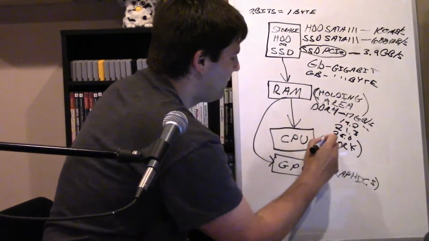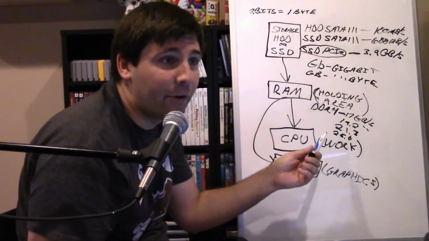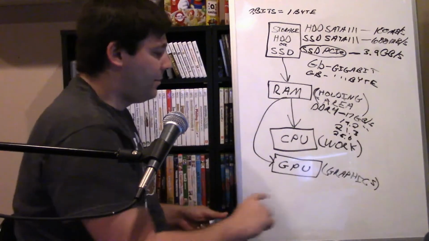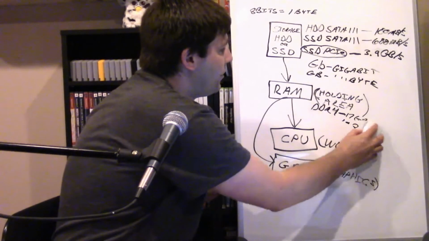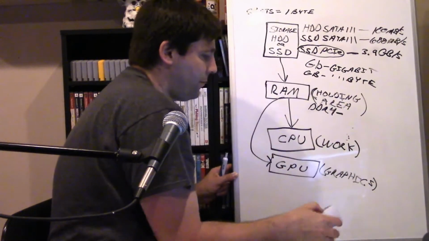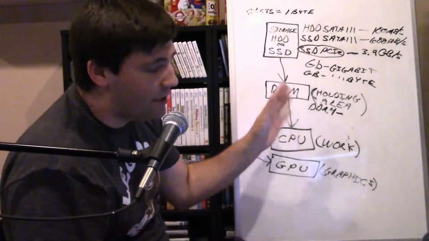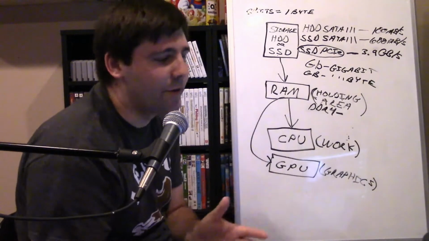I'm running out of room there, and it's also hard to read. But when you're looking at RAM, it doesn't tell you the transfer speed though. It tells you the clock speed, which is proportional to the transfer speed.